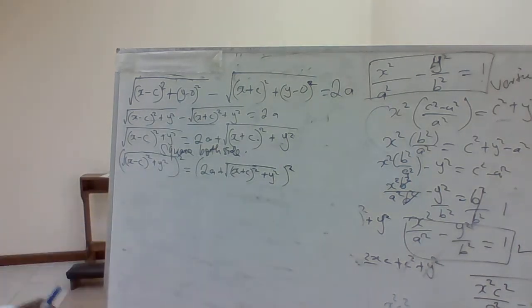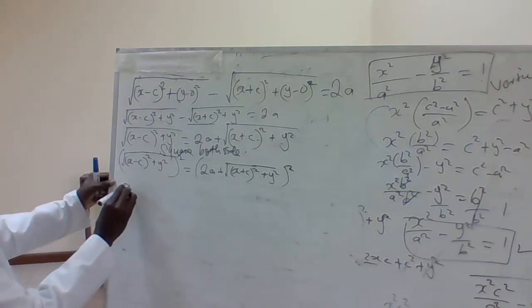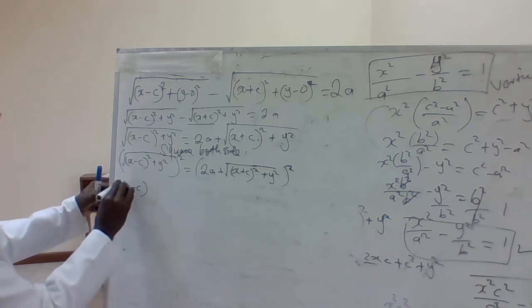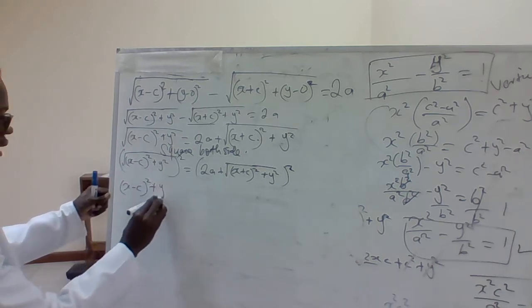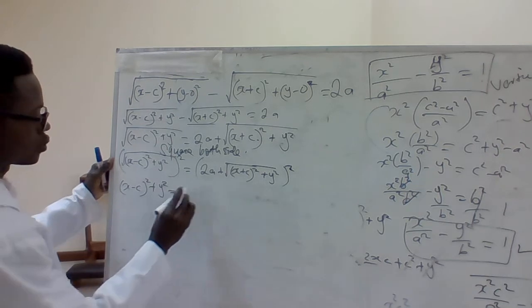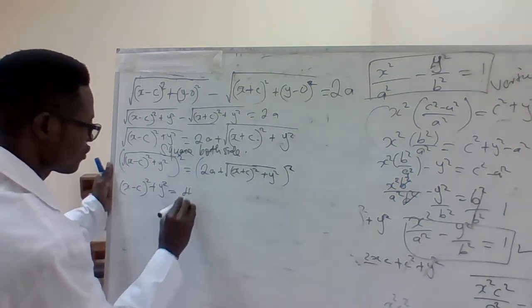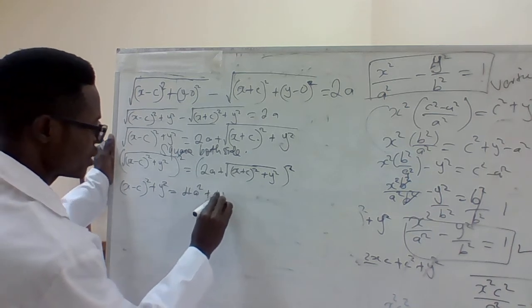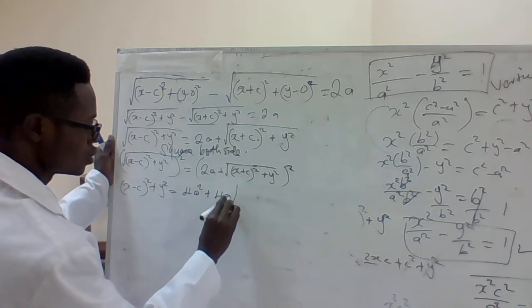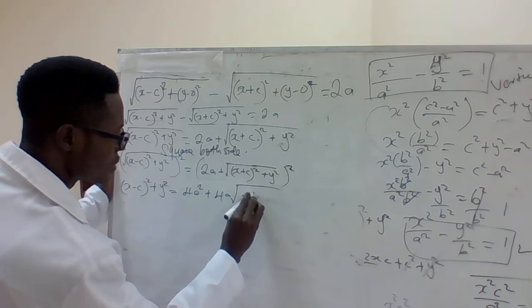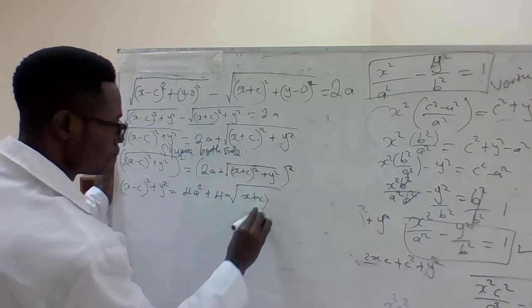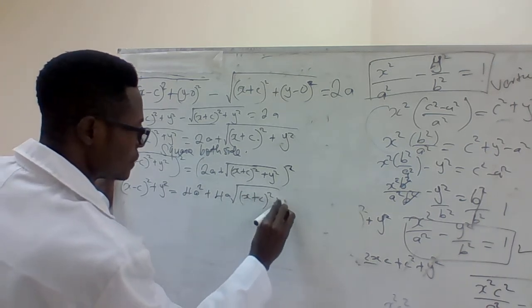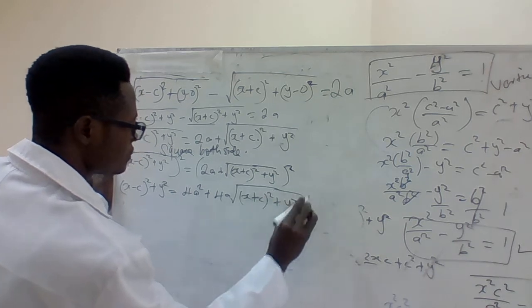So we try to open up, we have (x minus c) squared plus y squared is equal to 2 by 2 equals 4a squared plus 4a times the square root of (x plus c) squared plus y squared.